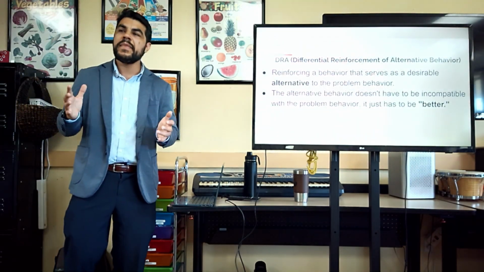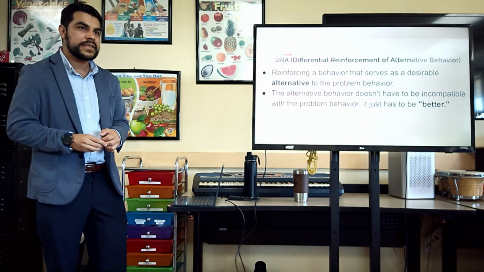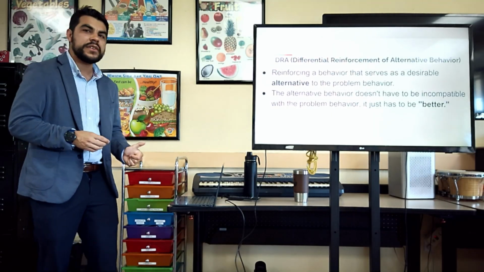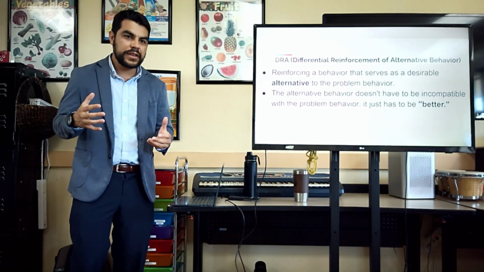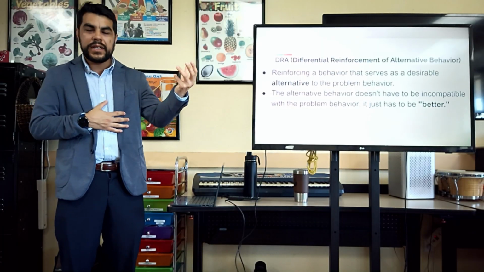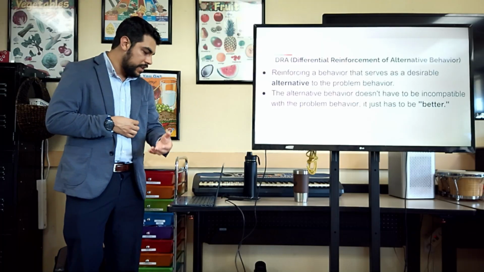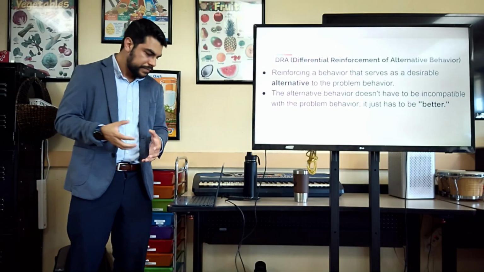So one of the many flavors of differential reinforcement is, and this is my personal favorite, DRA, differential reinforcement of alternative behaviors. This is simply when we reinforce one behavior that we would like the individual to engage in more often, as opposed to the problem behavior.